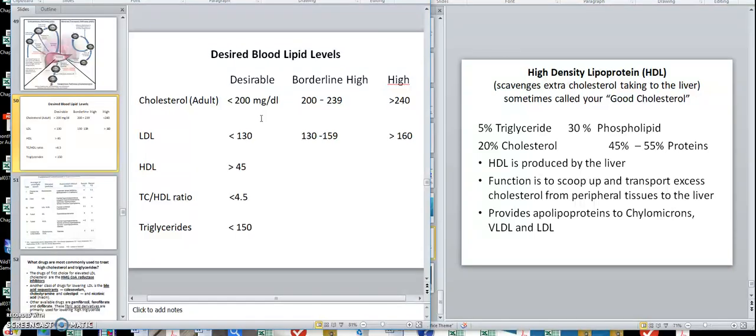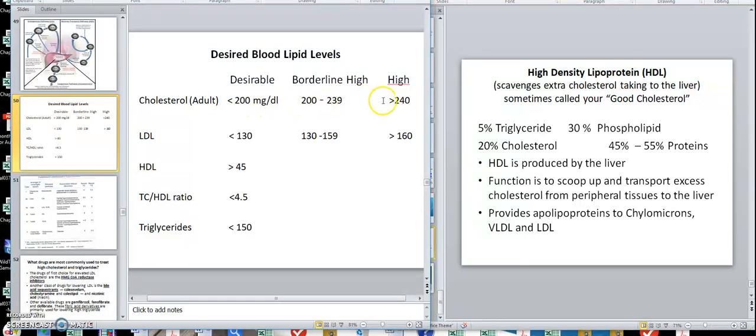Okay. Now, let's say that you came in with a high cholesterol. Let's think about this. We did everything we could to try to bring it down. We first gave you a diet and said, okay, come back in 6 weeks or 8 weeks, use this diet, and let's see what your cholesterol is.